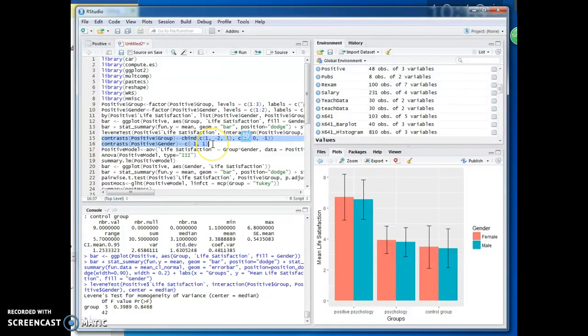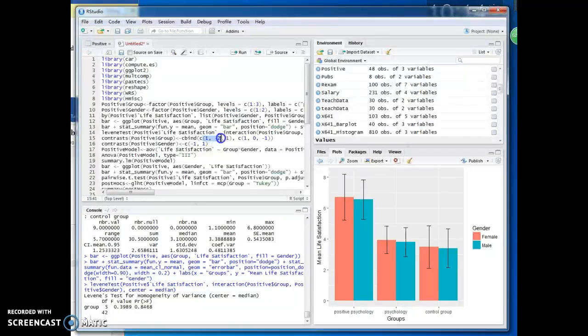So in those two functions, we want to set a contrast. We set two contrasts for the 3 groups, and one single contrast for the gender.